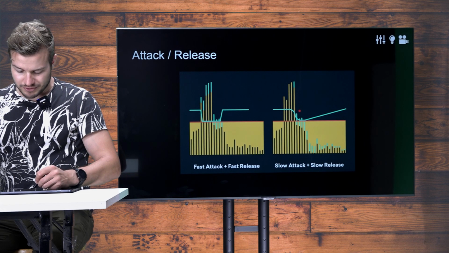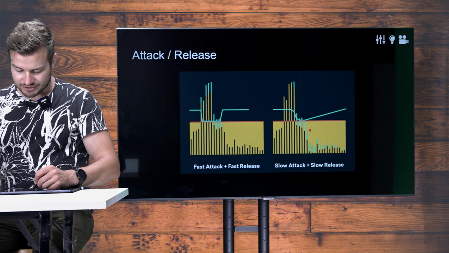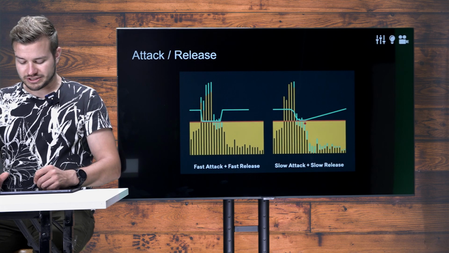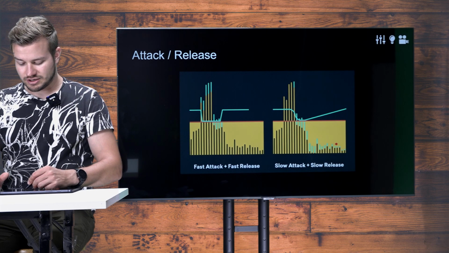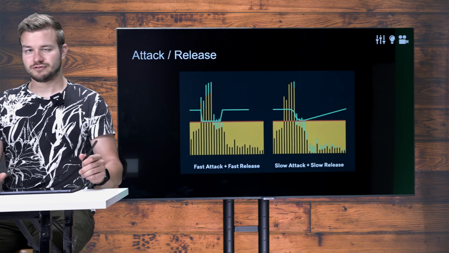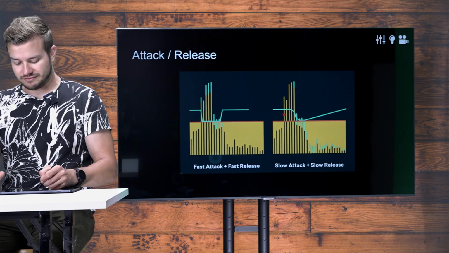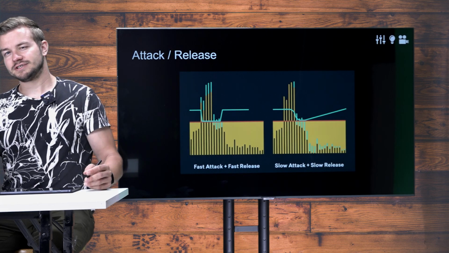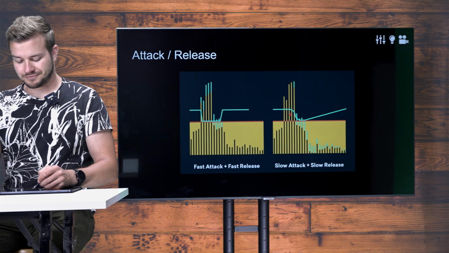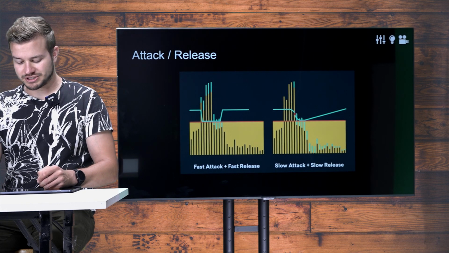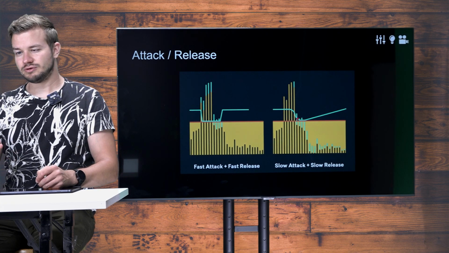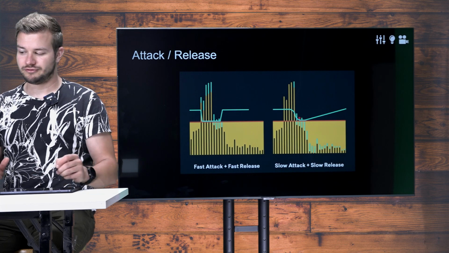We do compression until the signal drops below the threshold again at this point, and then we keep compressing a little longer until we stop, even though the signal was already below the threshold for a certain amount of time. So here we get much smoother compression curves. It doesn't happen so fast. We start compression after a certain time, compression hits, but then when the signal goes below, we still keep doing a little compression and then slowly remove it.